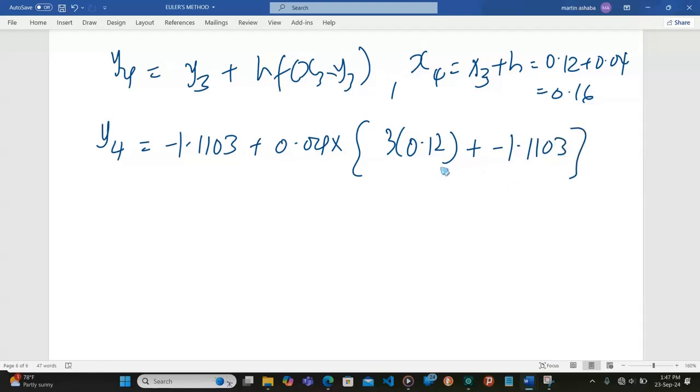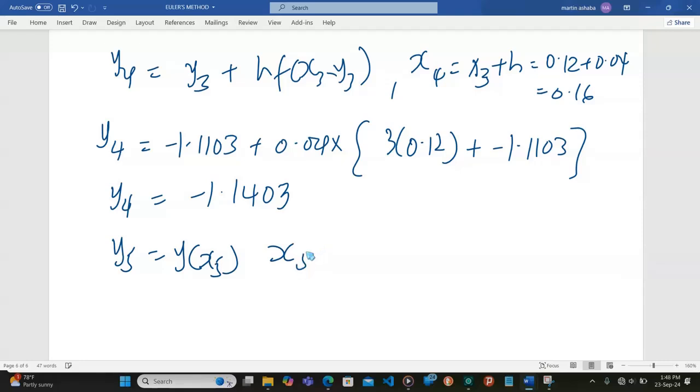So if we substitute in our values, y4 is going to be, let's calculate for it, negative 1.1403. So let's look at y5, which is the same as y of x5.